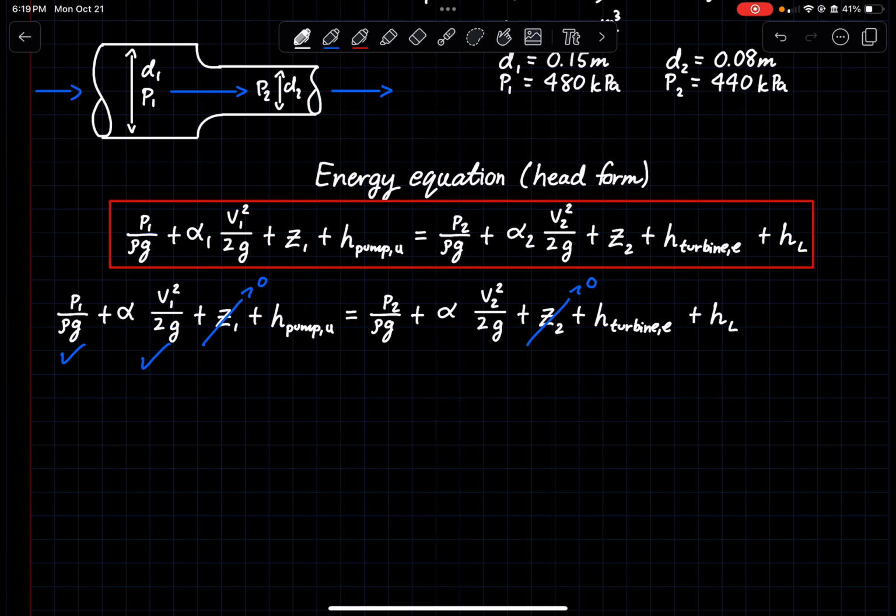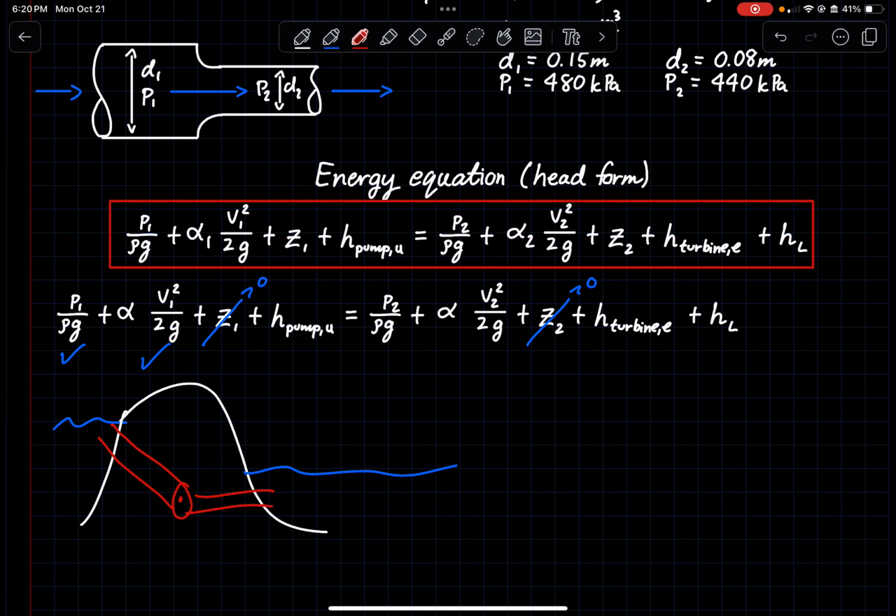You have something where you have a dam, maybe, and imagine you have a turbine generator system inside of here. Then maybe your Z1 would be down here and your Z2 would be up here. In this case, I would set my Z1 to 0 and then have Z2 be this entire distance. But in our case, our Z's will just be 0.